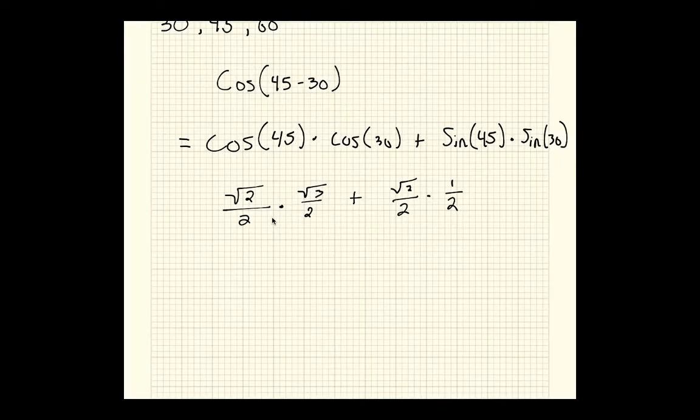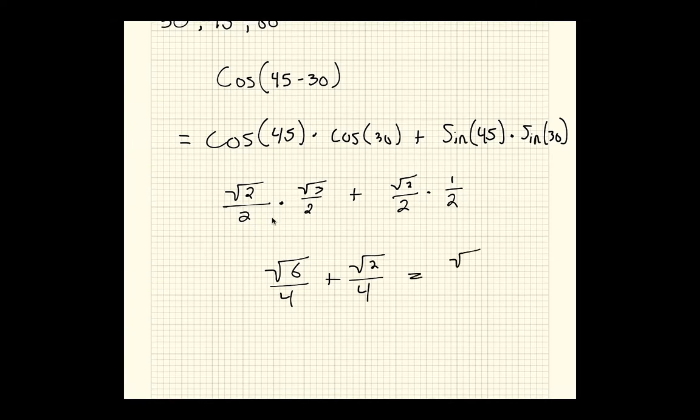So just a little bit of simplifying here to do. This is root 6 over 4 plus root 2 over 4. And leaving it like that is fine if you wanted to. Root 6 plus root 2 over 4 works as well. It's a little nicer because we have to write one less 4. But that is my answer to number 17.